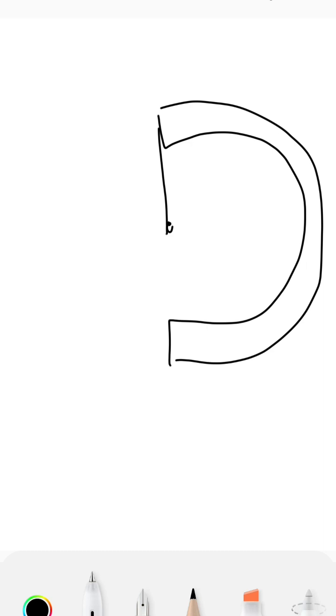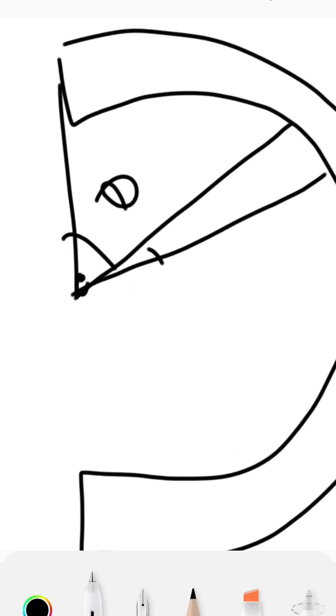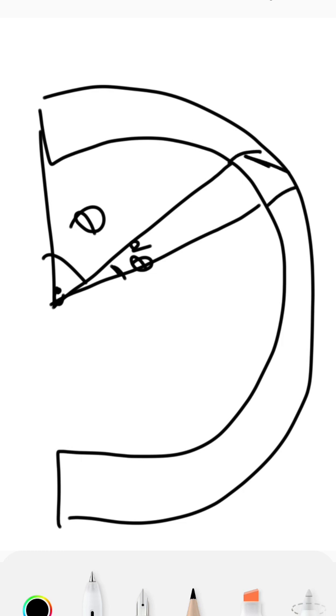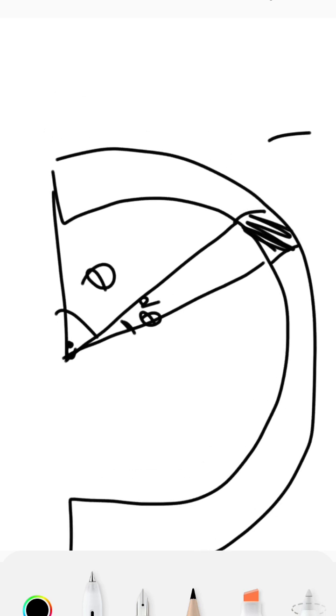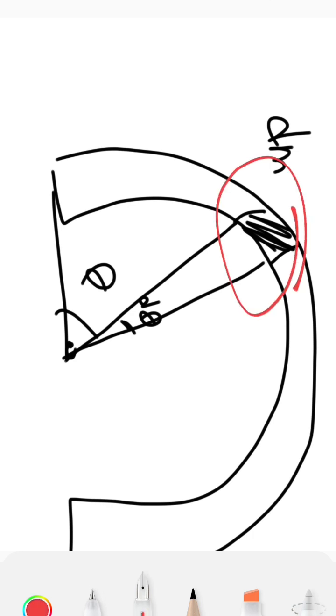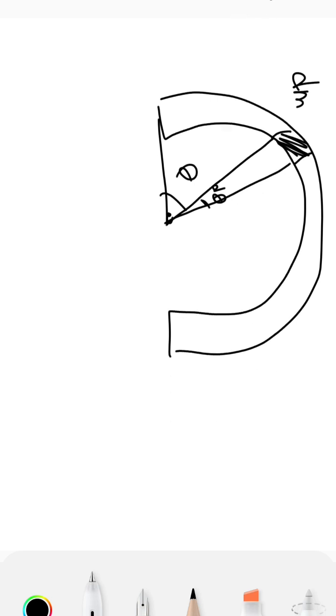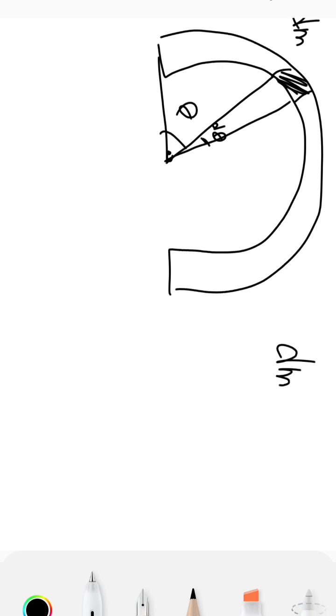So let's say that at an angle theta, we are considering a small element of d theta such that it has a mass of dm. Now this dm can be considered as a point mass. If you want to find the mass, you can write dm by dl.